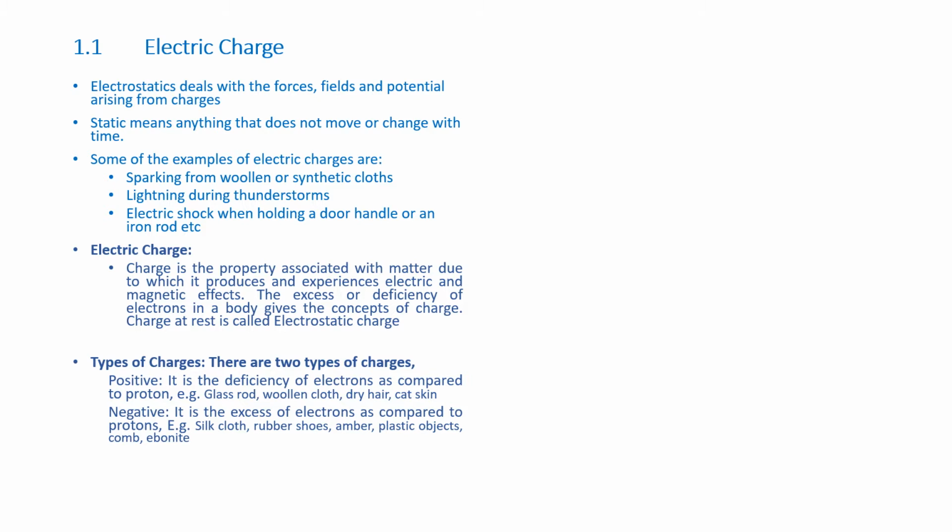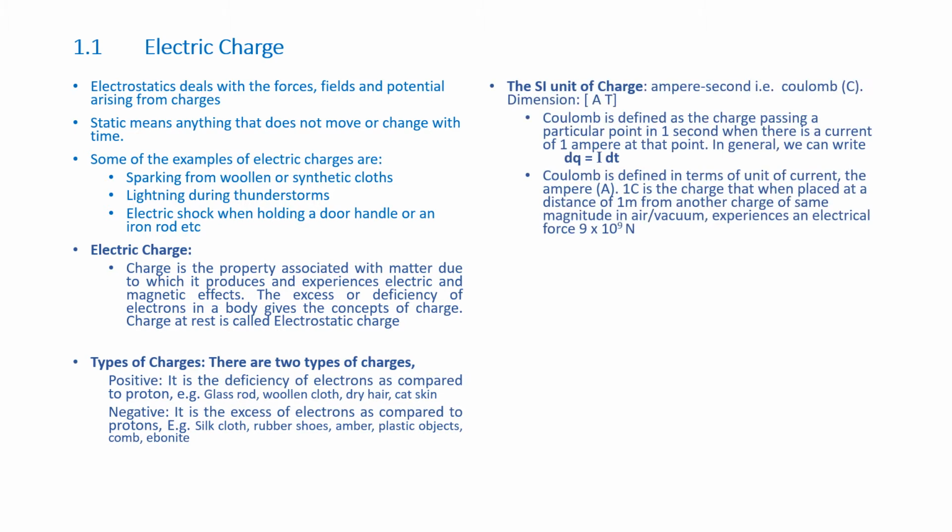There is a deficiency of electrons in all these positive charges. Negative charge is the excess of electrons as compared to protons. Examples: silk cloth, rubber shoes, amber, plastic objects, comb and ebonite. So positive charge means deficiency of electrons, and negative charge means excess of electrons.